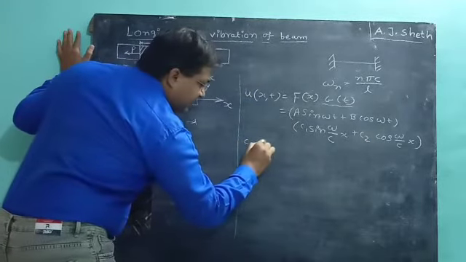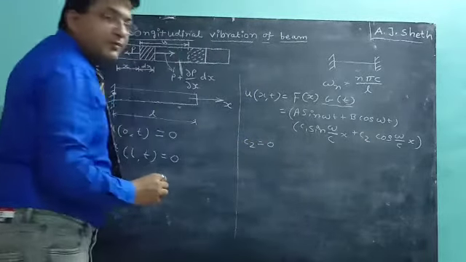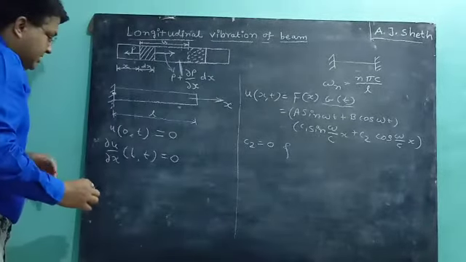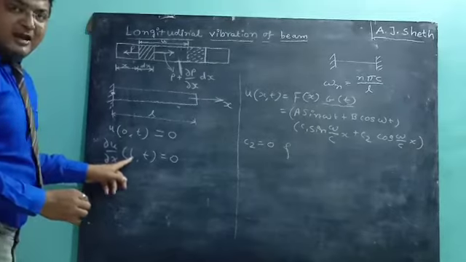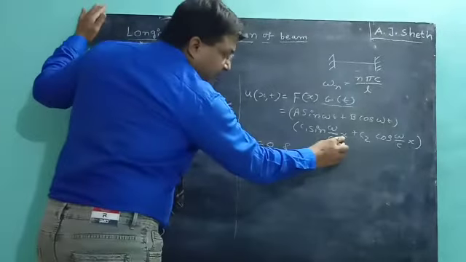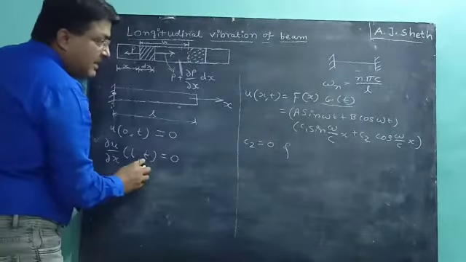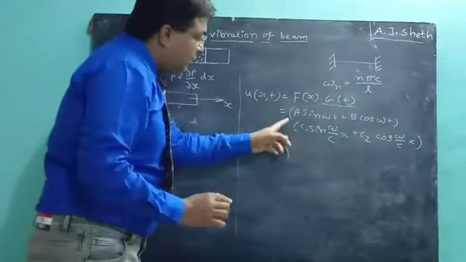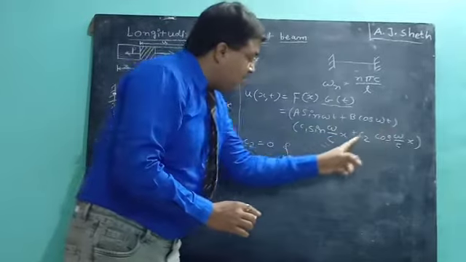So from the first condition we are getting c2 equal to 0, and from the second condition, that means in place of x when we put L, the time term remains as it is, so there is no alteration in the first term.